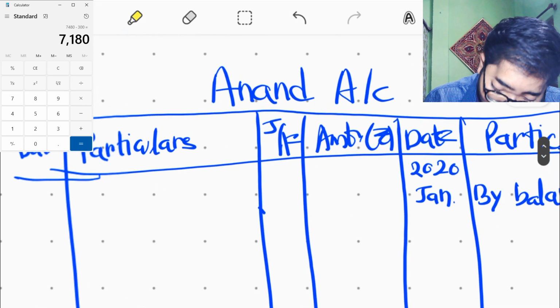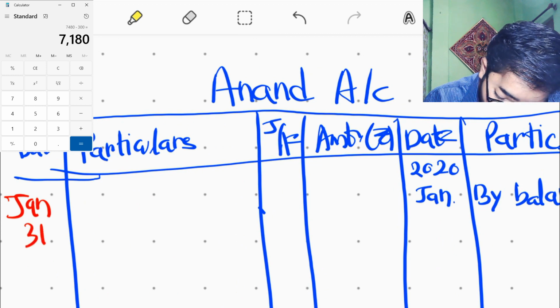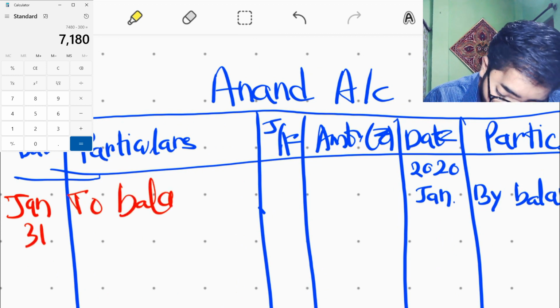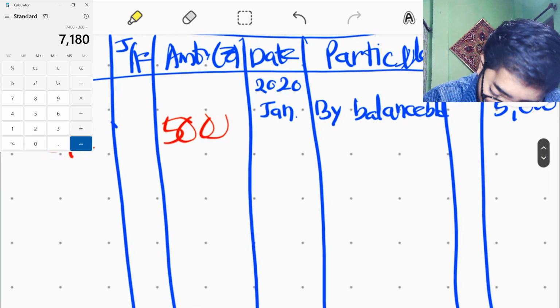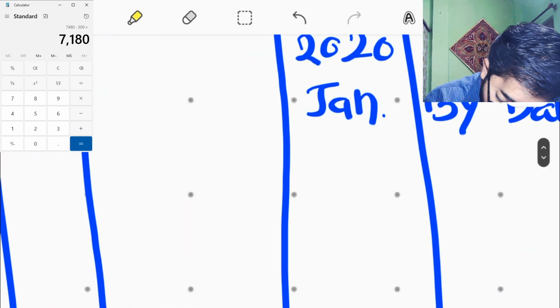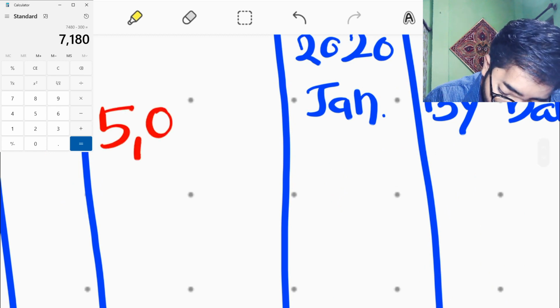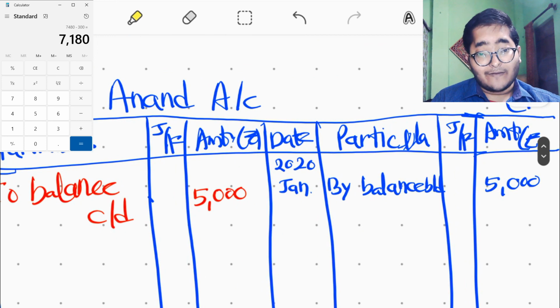No payment is made to Anand. So the remaining balance, to balance c/d, 5000. To balance c/d 5000.